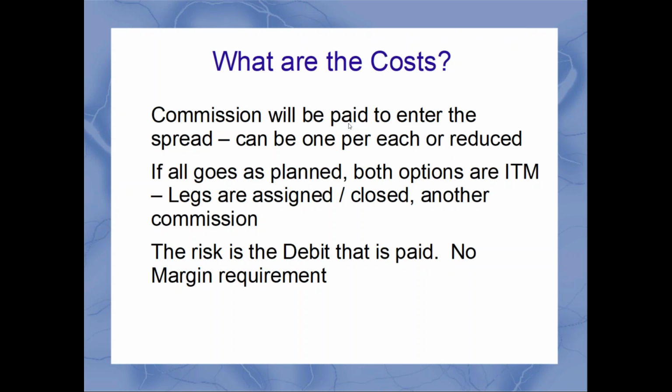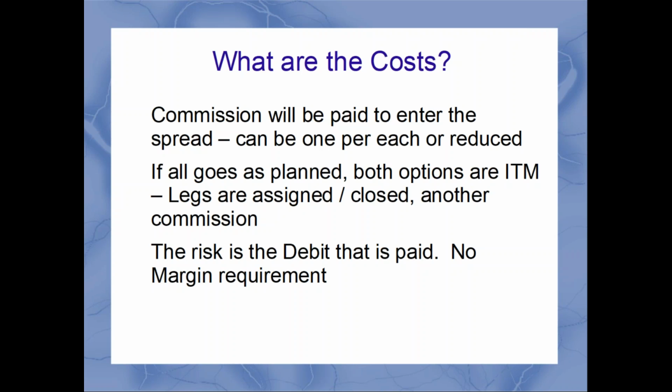Your commission is going to be paid to enter the spread, just as we saw with the bull put credit. If all goes as planned, both options stay in the money. Now here's the tricky part. In order to close out the bull call debit spread for the full profit, I either have to take action myself, close to expiration as I mentioned, so all time value decays and I'm closer to the maximum difference in strike prices that I get back.